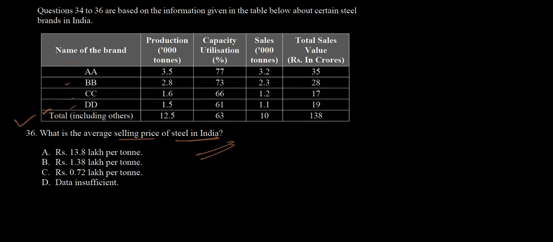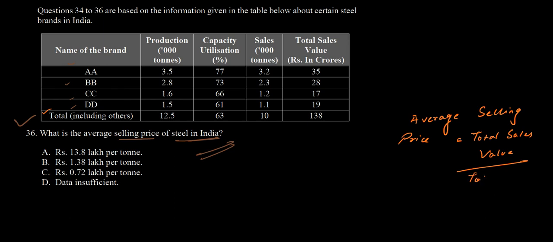So in this case, the average selling price will be the total selling price, basically the total sales value, divided by the exact total sales. So the value divided by how much steel is sold. So here we will have total sales value divided by the total sales.